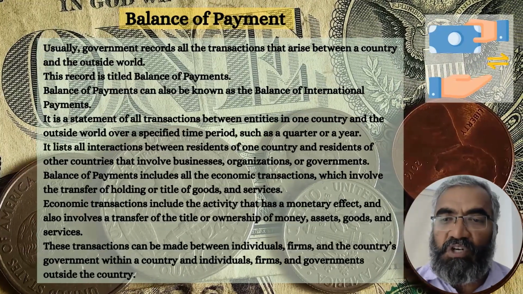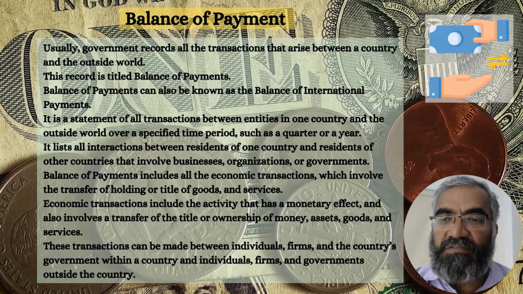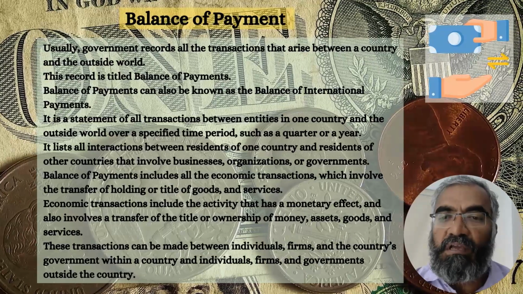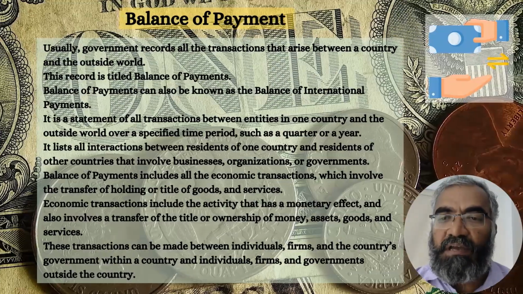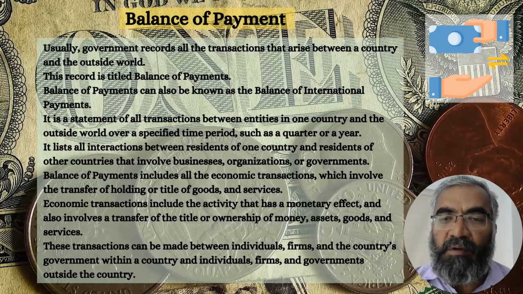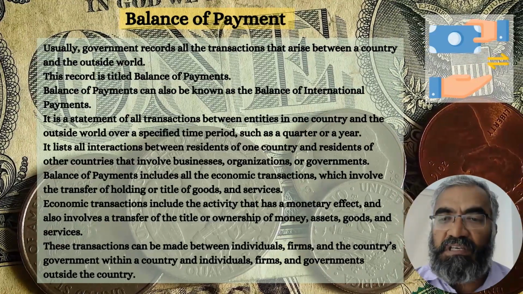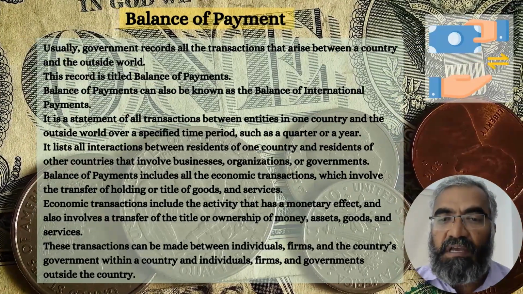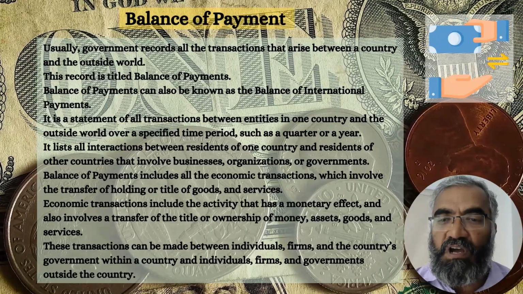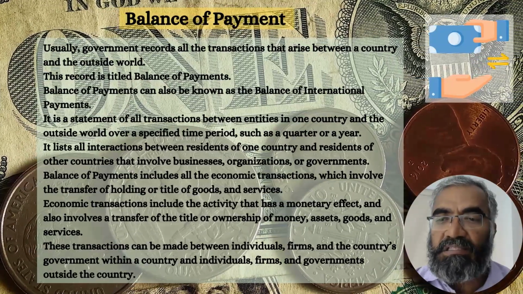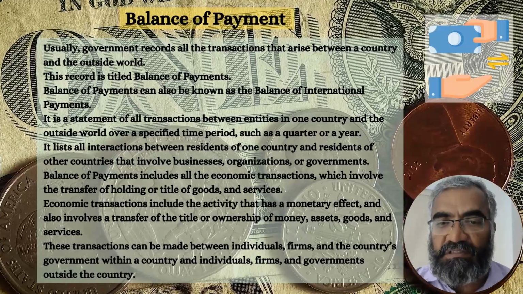Balance of payments includes all the economic transactions which involve the transfer of holding or title of goods and services. Economic transactions include the activity that has a monetary effect and also involves a transfer of the title or ownership of money, assets, goods and services.